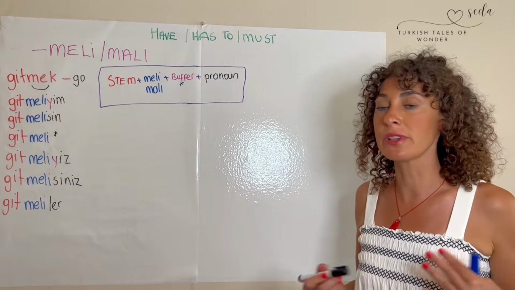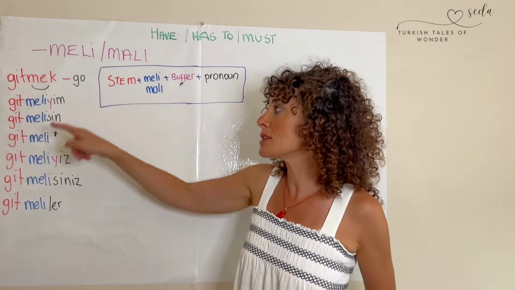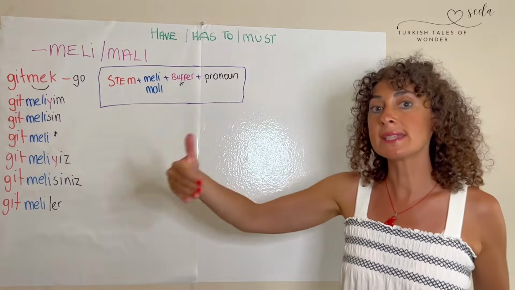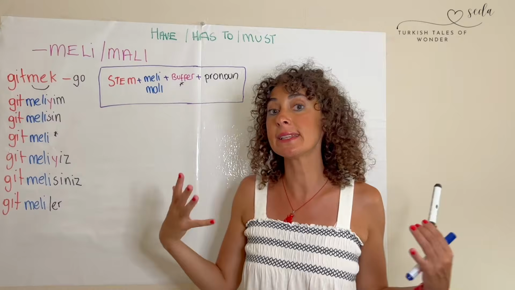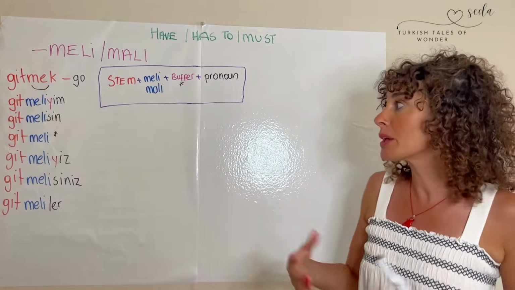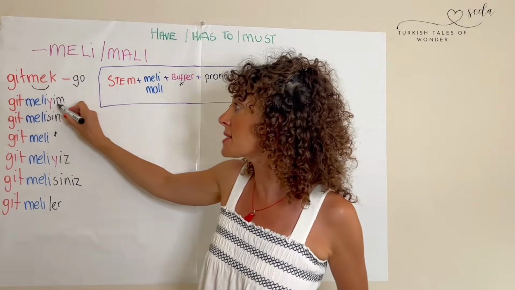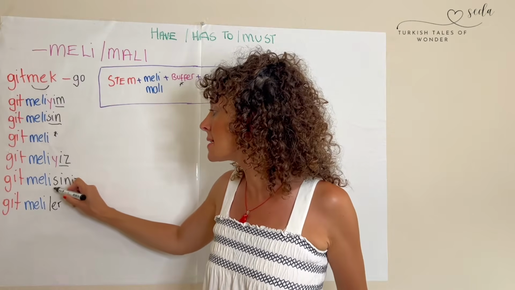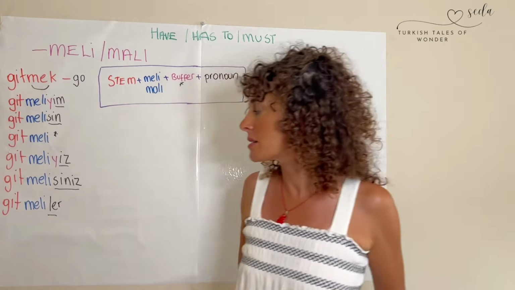What is a pronoun suffix? As you can see, I didn't write ben, sen, o, biz, siz, onlar. We don't need these subject pronouns because we have these pronoun suffixes: im, sin, iz, siniz, ler.